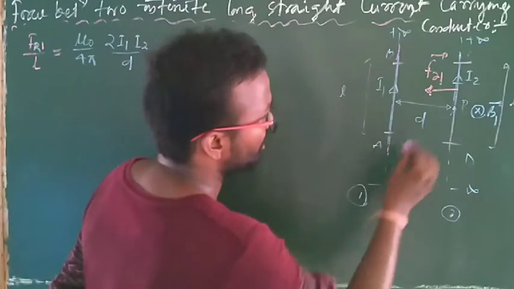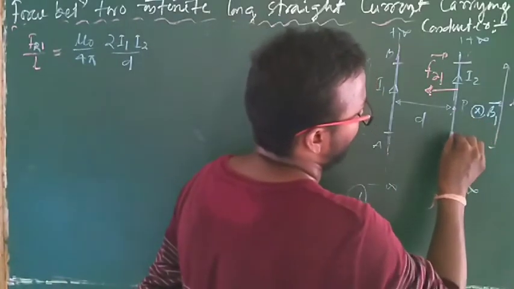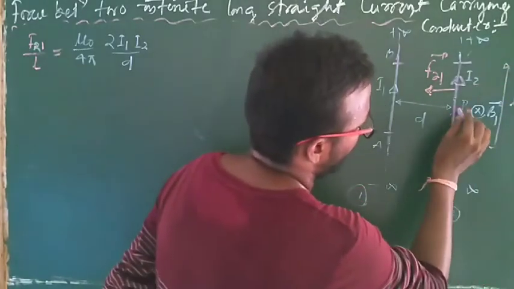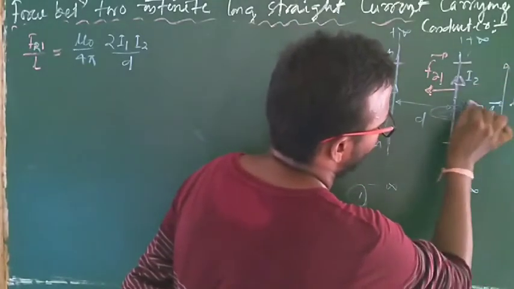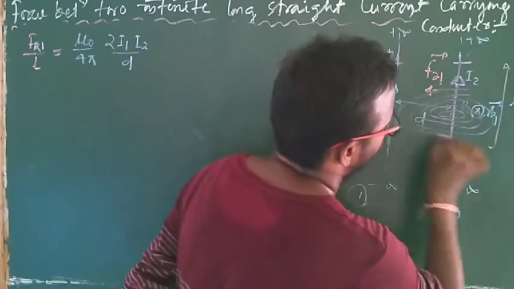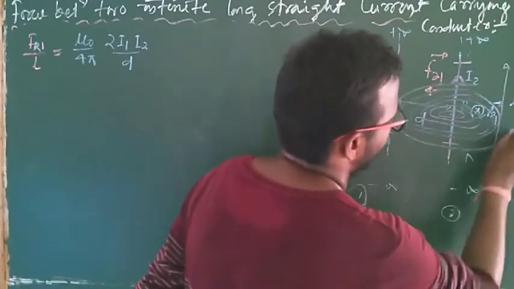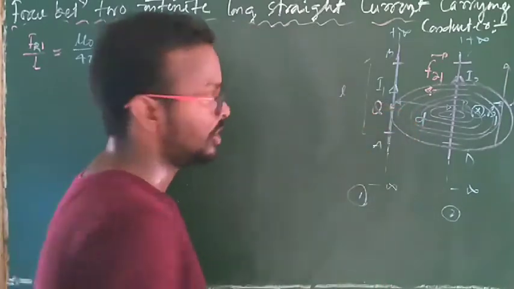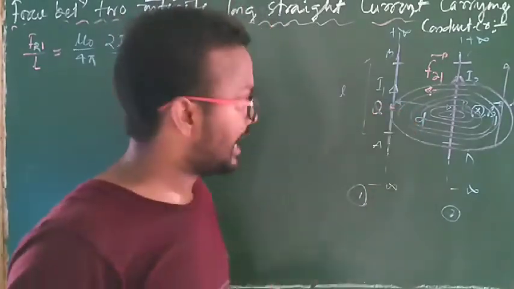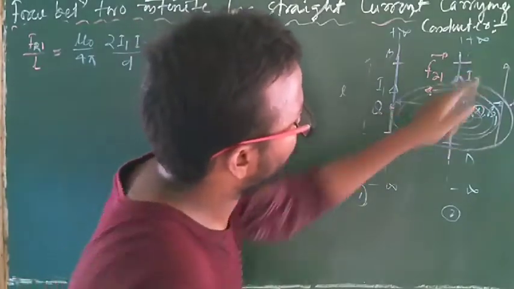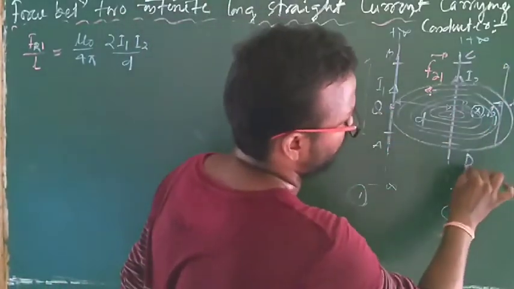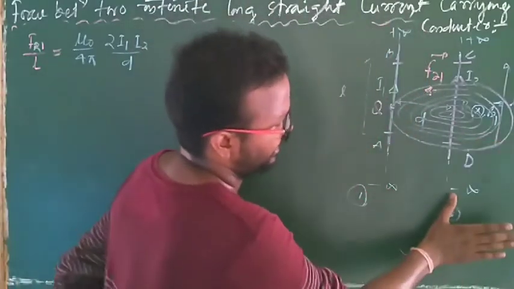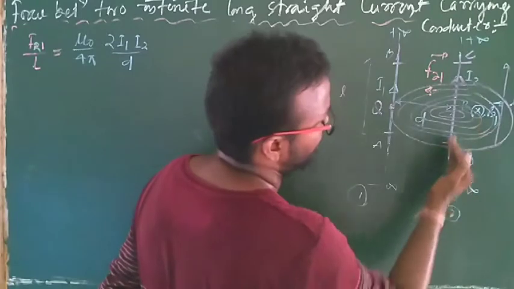Clear? Okay. Due to this current I2, if you draw magnetic lines, then they go in this way, these are the magnetic lines. Clear? If you choose a point Q, the direction of magnetic field at point Q due to conductor CD, we have to find using the right hand palm rule. This is the conductor CD and this is the direction of current.